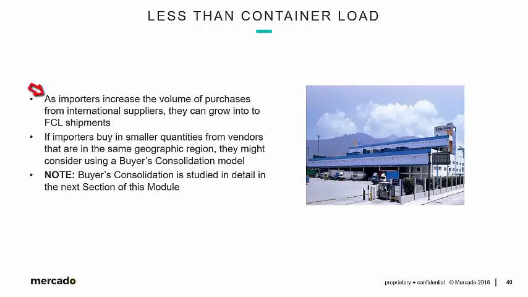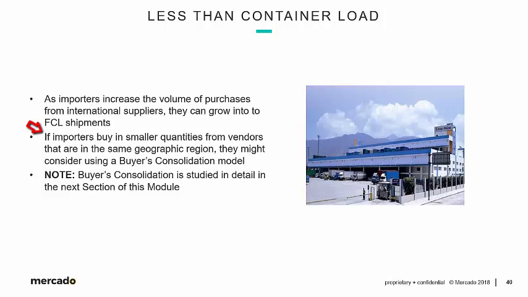As importers increase the volume of purchases from international suppliers, they can grow into FCL shipments. This is especially true with new vendors in countries we as an importer haven't worked in before. We start with smaller orders, we move goods LCL, and then we graduate up to FCL shipments.